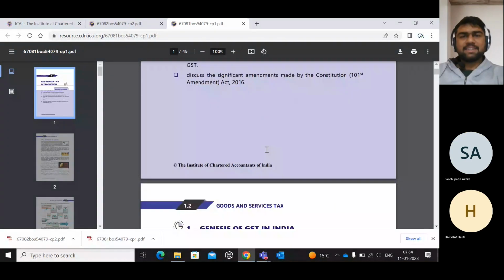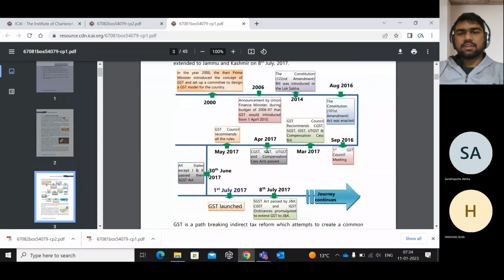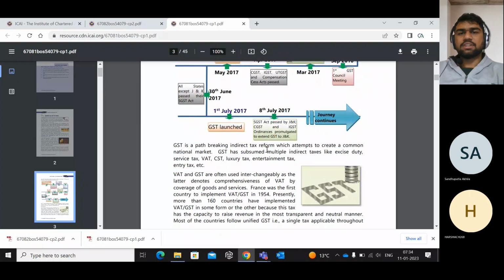Okay, good morning, everyone. Yesterday we discussed the introduction to GST, how GST came in India, how it was introduced, who took the initiative to introduce GST law in India, and how the GST law is different from the old indirect tax.